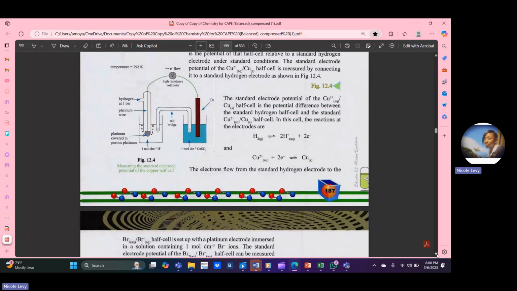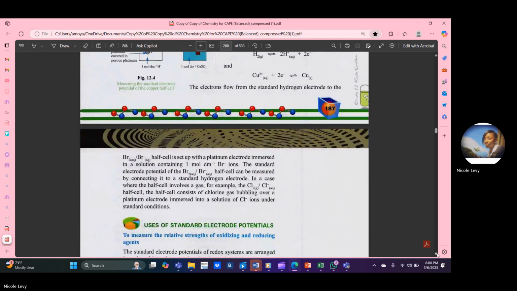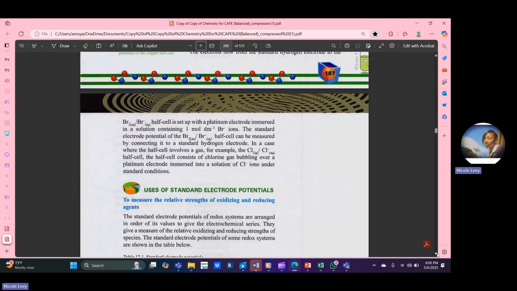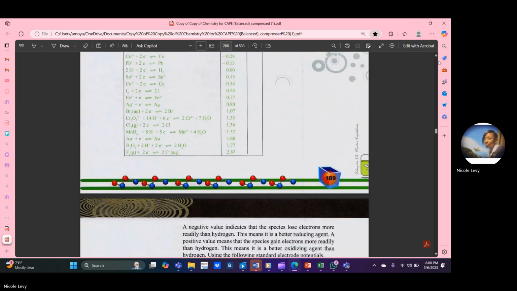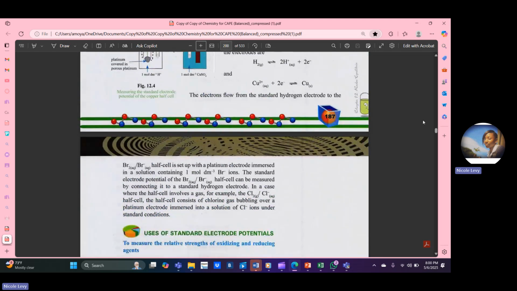All right, so the electrons will flow from the SHE over to the copper. That's what they're saying. I don't want to confuse it with this part because this part looks like it is from another example. Yeah, so this is 189 and this is 187. So that's a little bit confusing there.